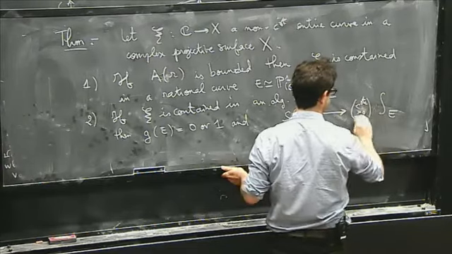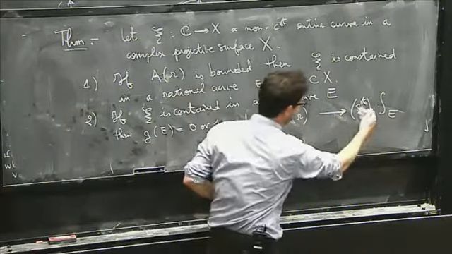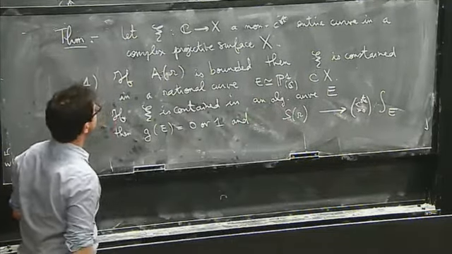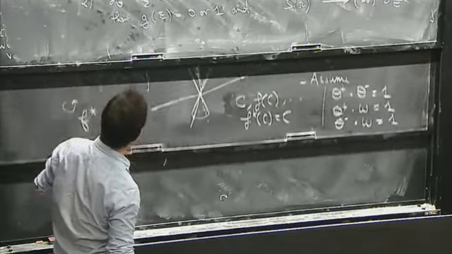Okay, I mean it's E divided by the area of E. Okay, so the interesting point is when the area is not bounded.